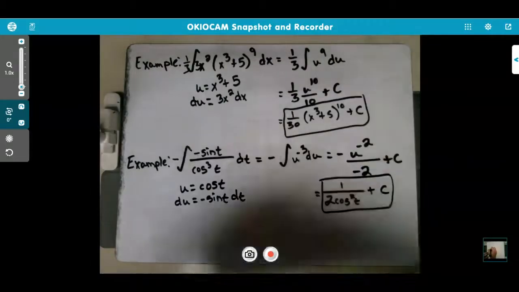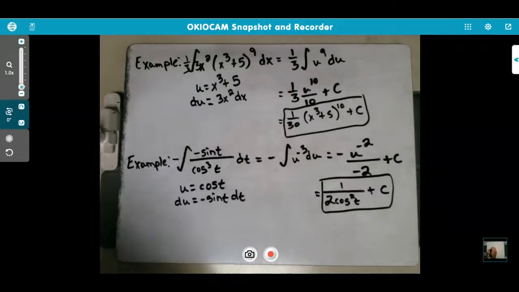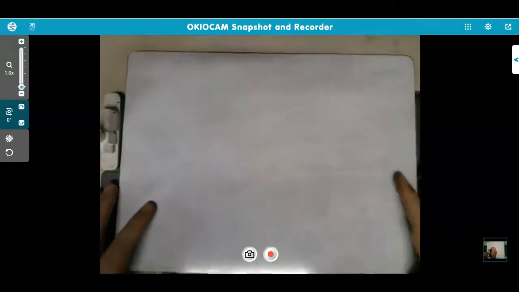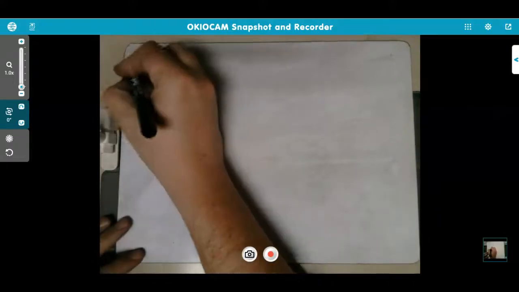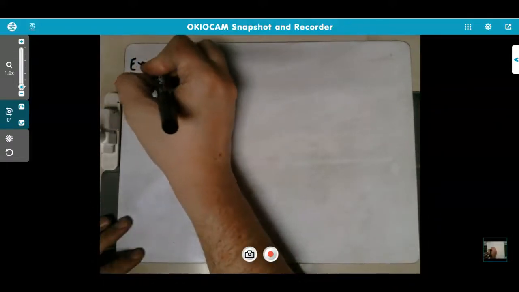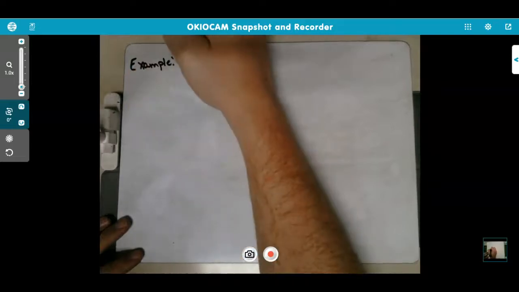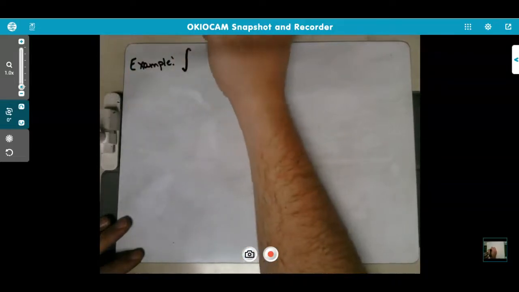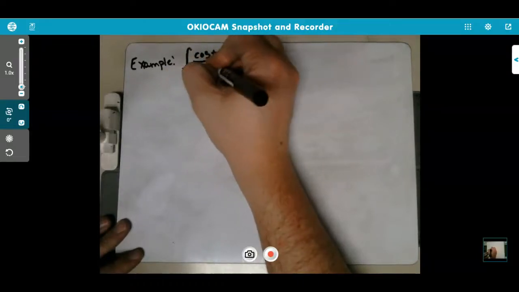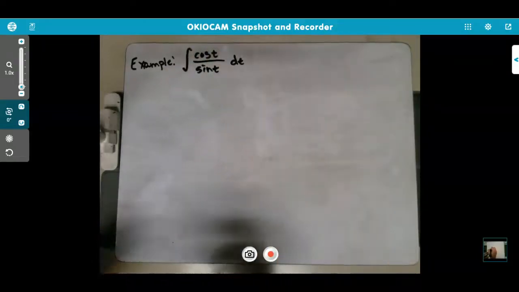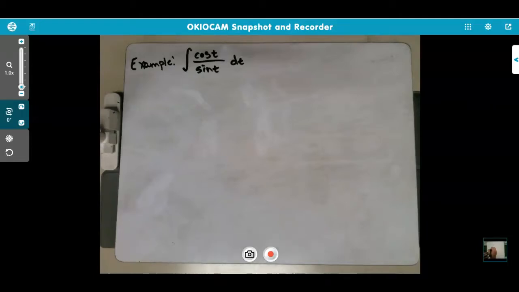Another example. Let's do the integral of cosine of t over sine of t dt. So this one isn't as clear as the last one was because I don't have one of these to a power, right?